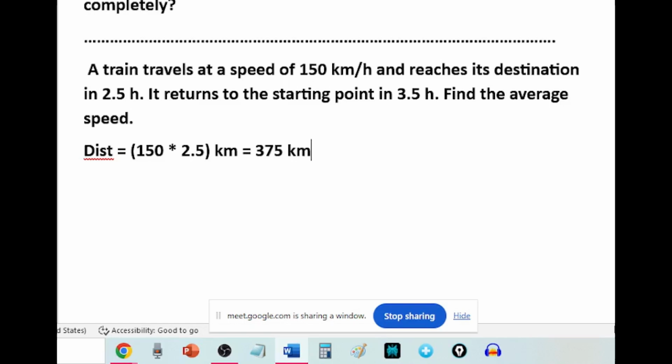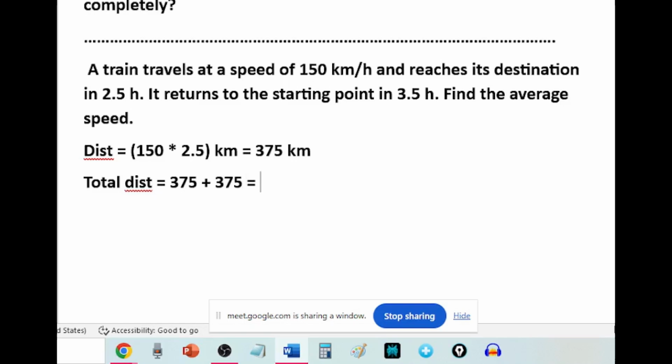There is a distance. So the total distance is 375 going and 375 returning. Going 375 and coming back the same distance, 375.